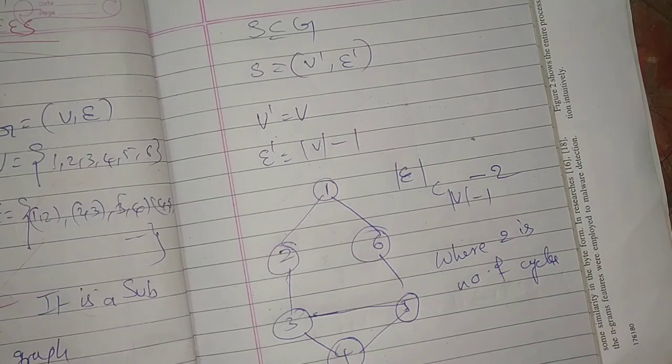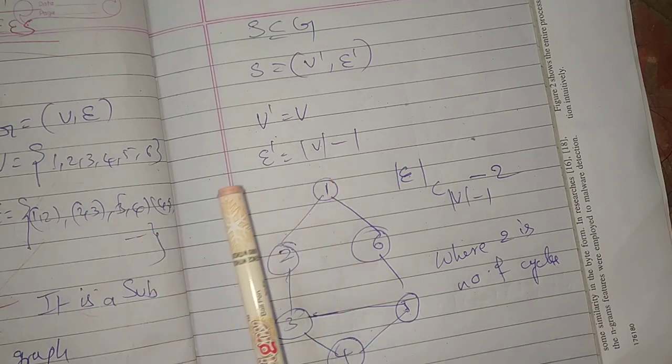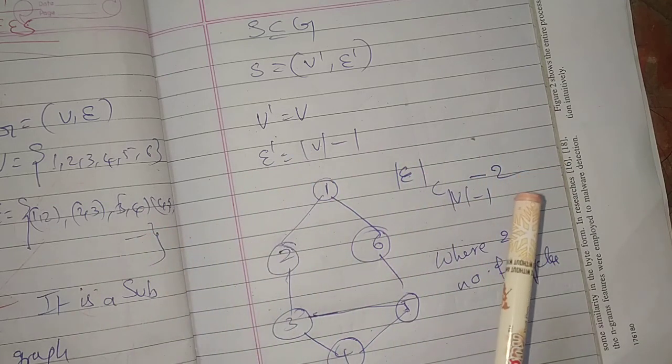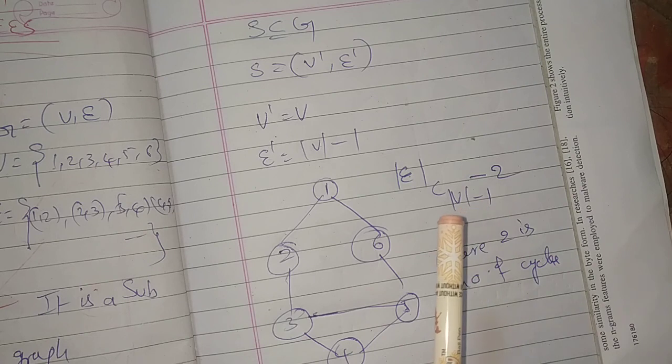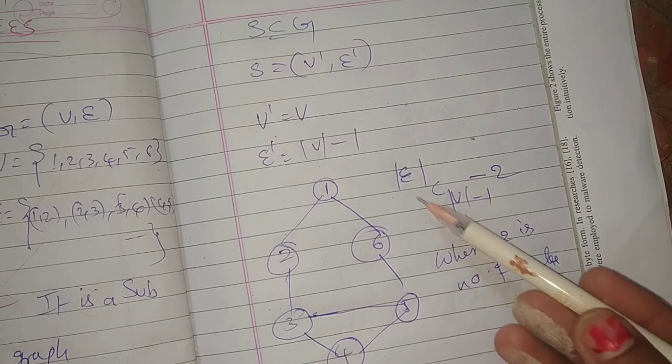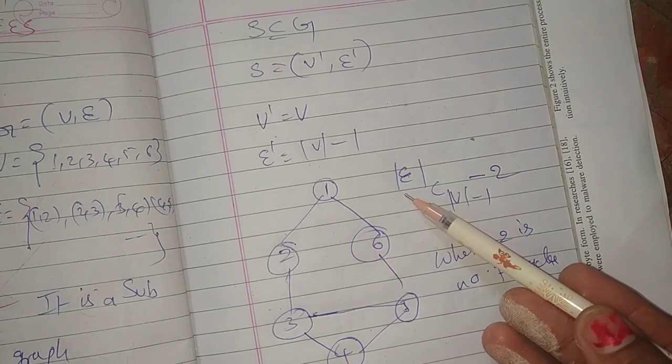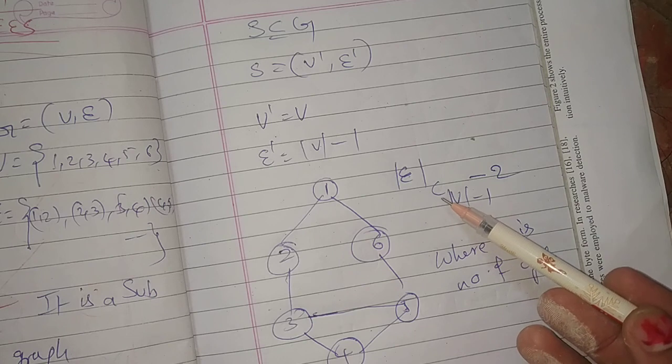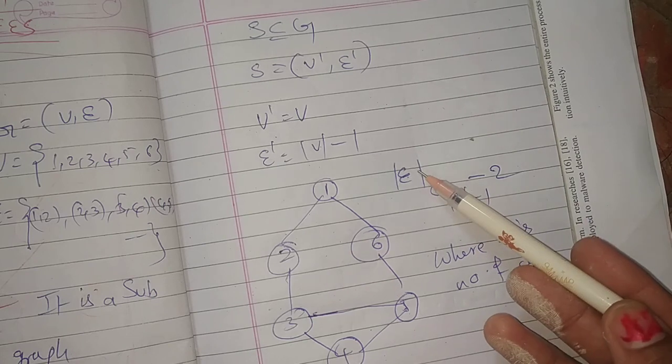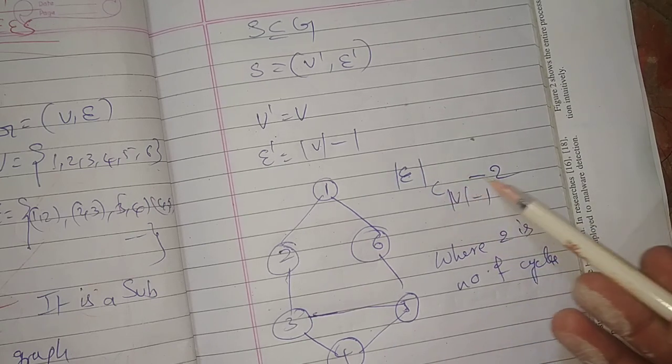Understand? Why? Because in our subgraphs or spanning trees, you can't form a cycle. A tree does not have a cycle. That's why the formula is the number of edges combination, C of E, C of V minus 1 minus 2.